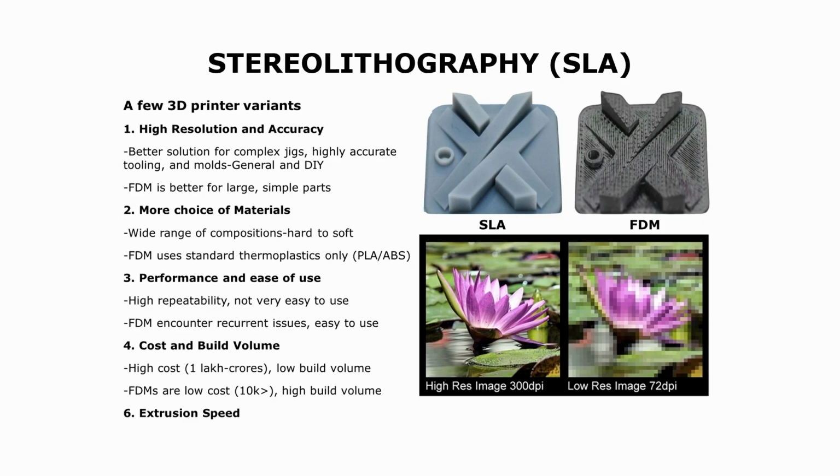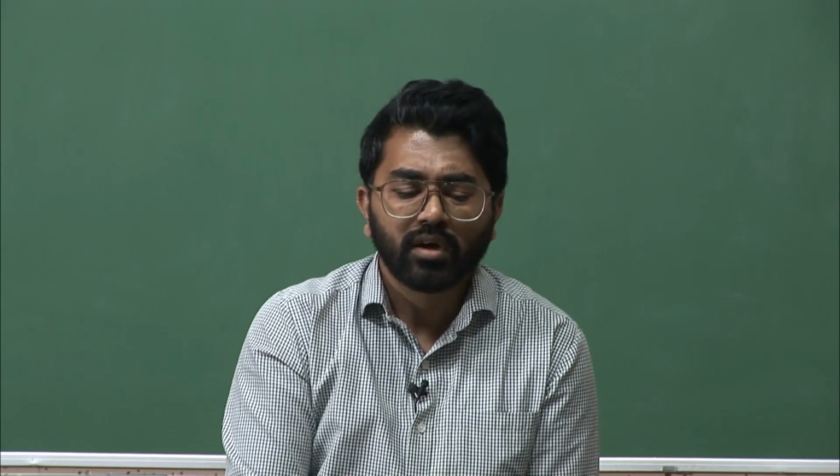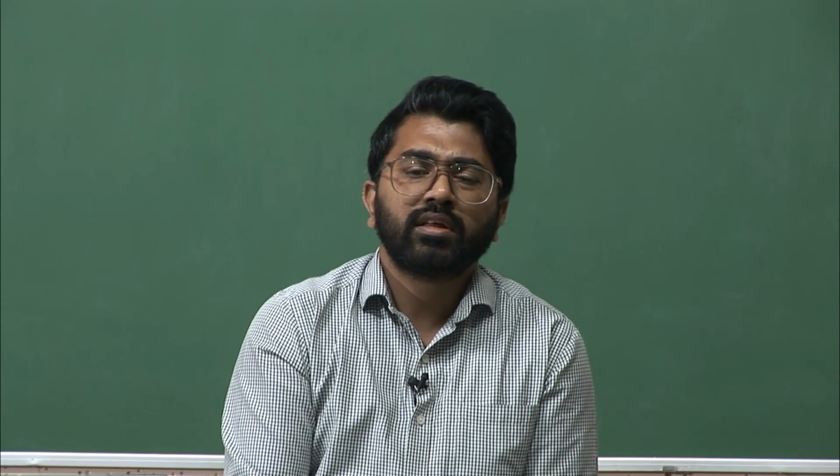Typically what you can compare it with, just look at the high resolution. So, bottom picture, high resolution versus low resolution. FDM can be compared with a low resolution image of a high resolution image, right. So, we have all kind of come across through different generations in which we have seen the image quality drastically improve in our mobile phones, in the cameras.